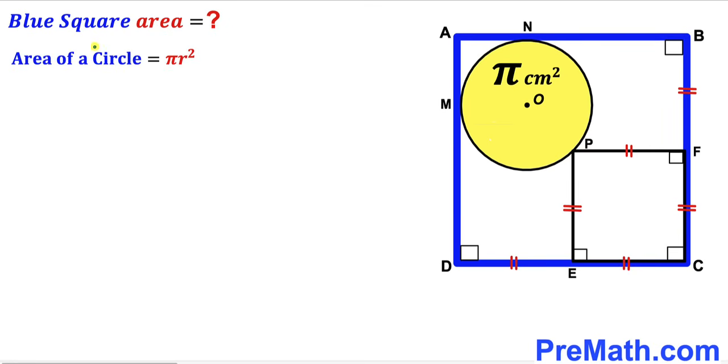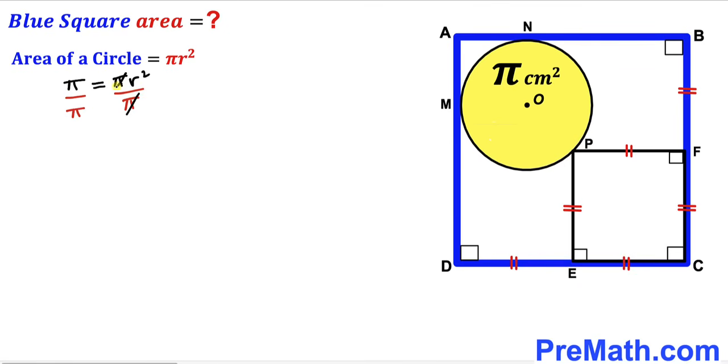Now let's recall the area of a circle formula. Area is always equal to pi r square, where lowercase r is the radius. And the area has been given to us as pi. So therefore we can write the area of this circle as pi equals pi times lowercase r square. Now we are going to divide both sides by pi to isolate r square.